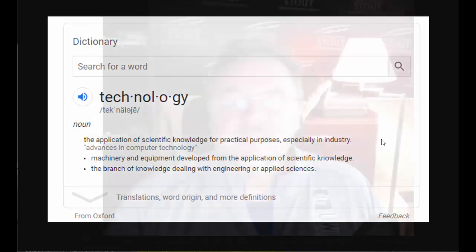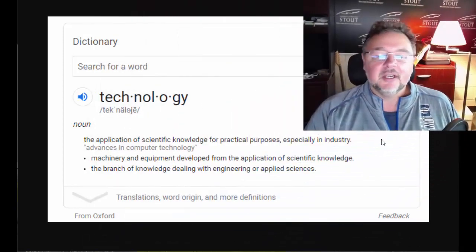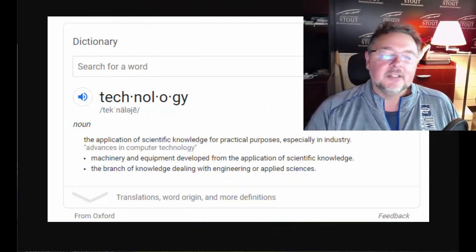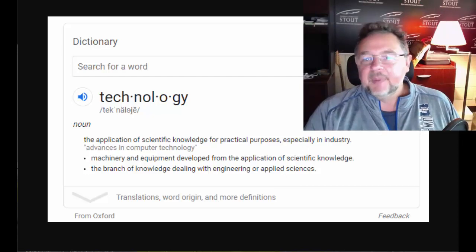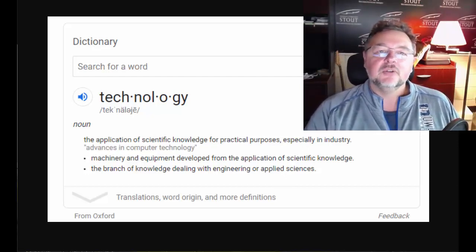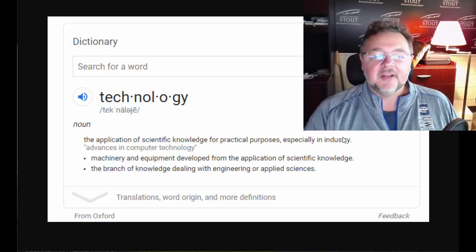That's not as important as starting to get an idea about what it's talking about. So it's the use of scientific knowledge to benefit industry in this case. If I'm a musician and I'm trying to build a drum, that's not in industry. So that's the part that I don't agree with in here, and that's neither here nor there.